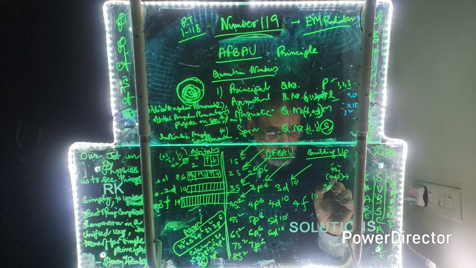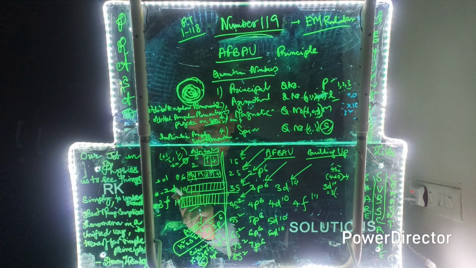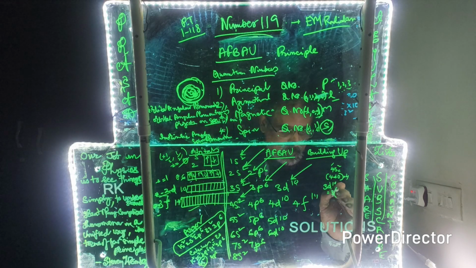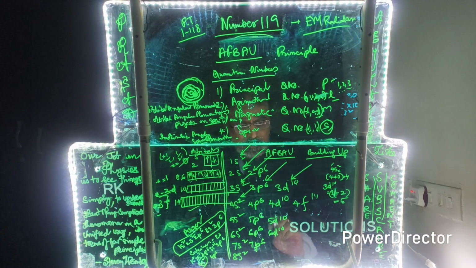Now 3d10: the azimuthal quantum number for d is 2, so the energy will become 3 plus 2, which is 5, right? So instead of occupying 3d10, it occupies 4s2. Are you getting my point?